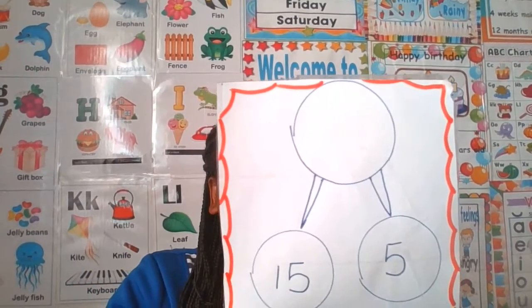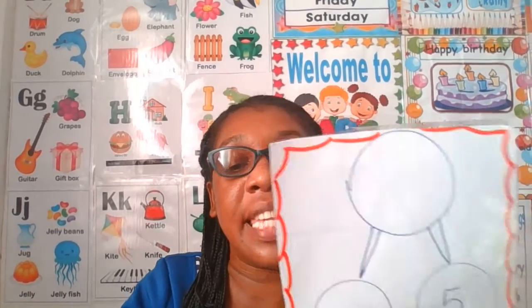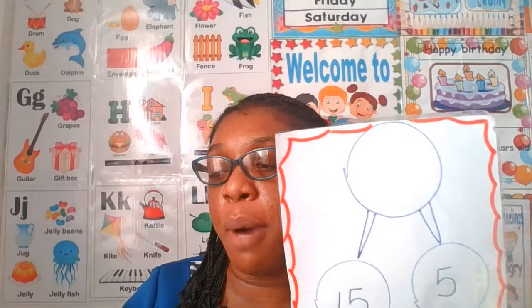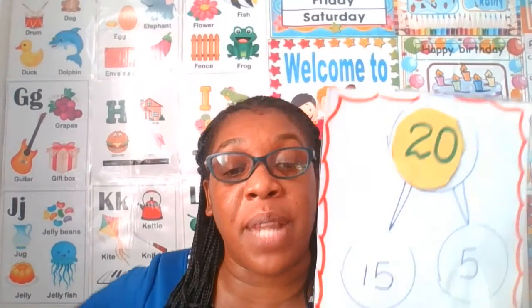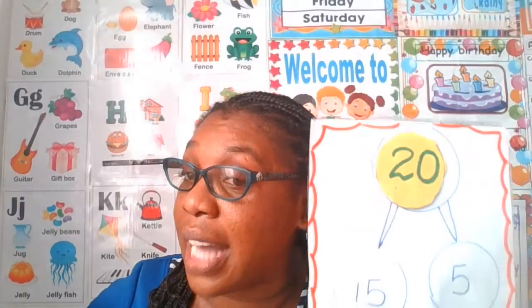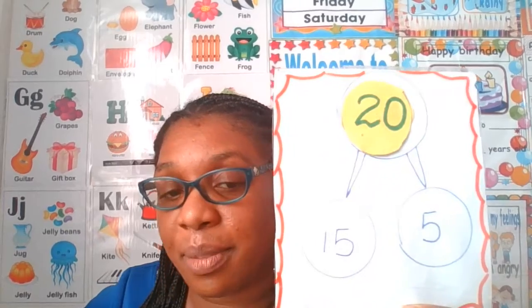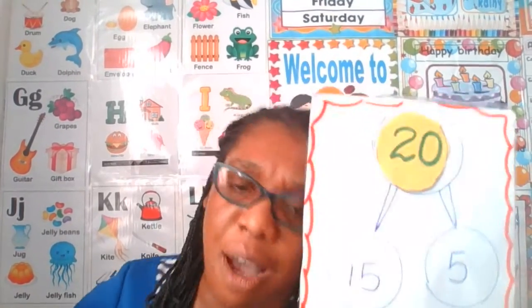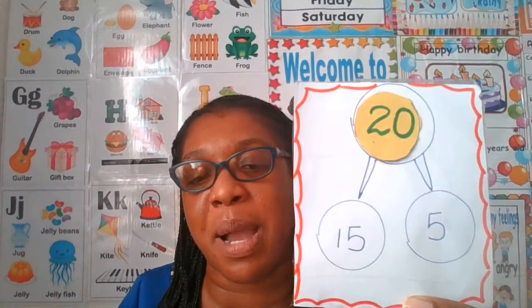That make 20. 15 plus 5 equals 20. 15 plus 5 equals 20. number bonds, number bonds. I know my number bonds, number bonds, number bonds. That make 20. So 15 plus 5 equals 20. 15 plus 5 equals 20. number bonds, number bonds. I know my number bonds, number bonds, number bonds.